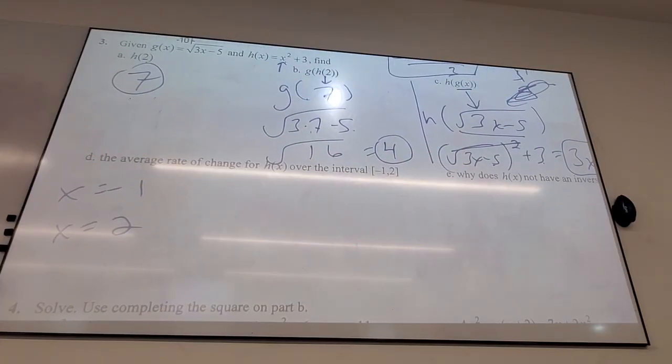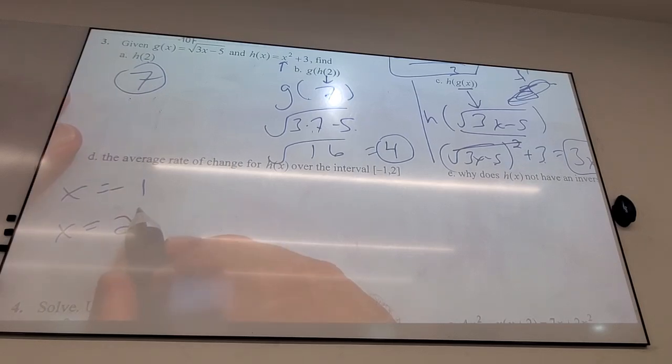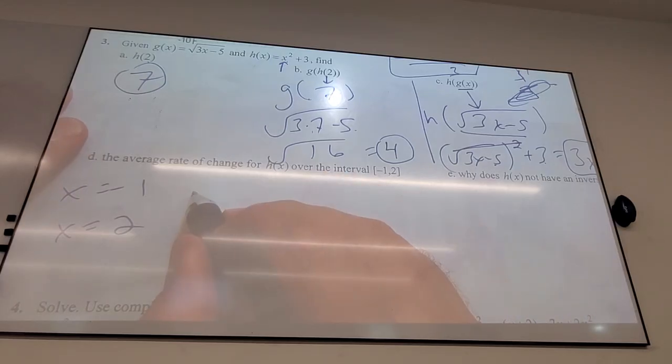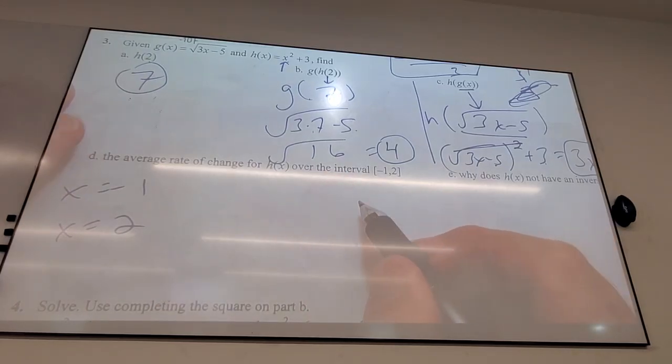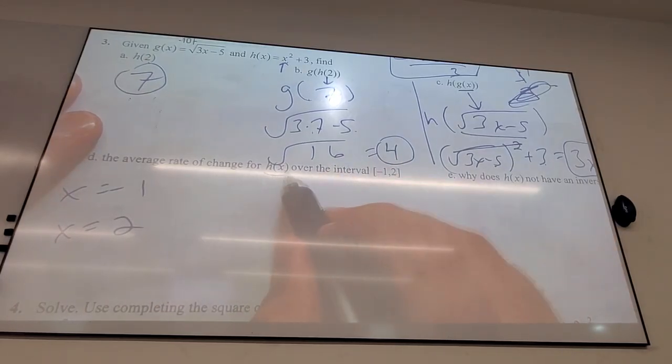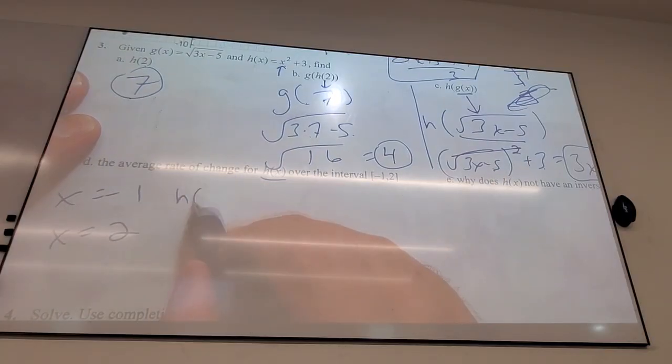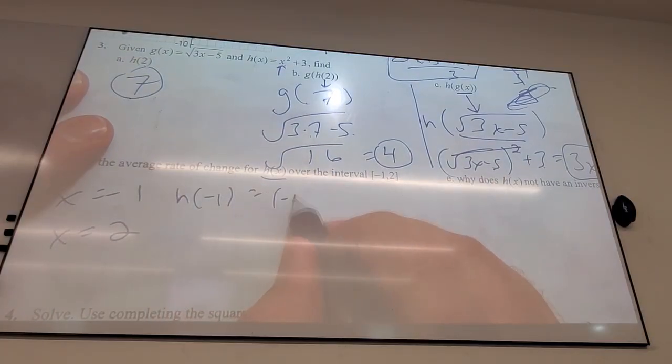So when you see average rate of change, you think slope. How do you get the slope? Need 2 points. Get 2 points, get the slope. Okay, I always make it sound so easy. But it is. So if x is -1, what's y? Which function are we using? H of x. So if x is -1, h of -1 is y. What did you guys get?